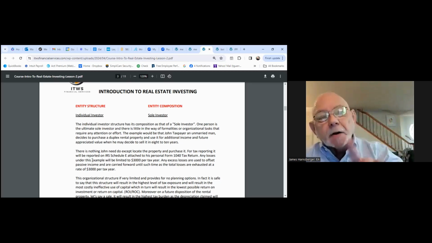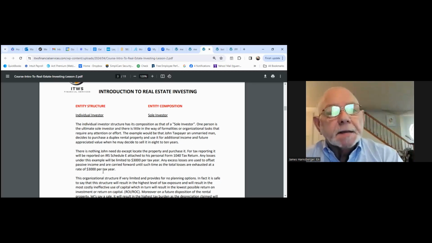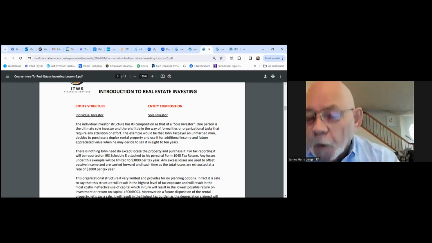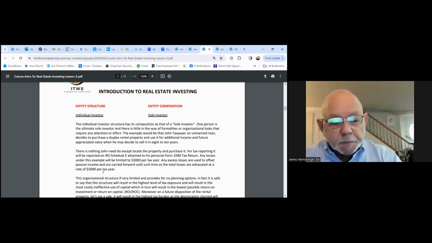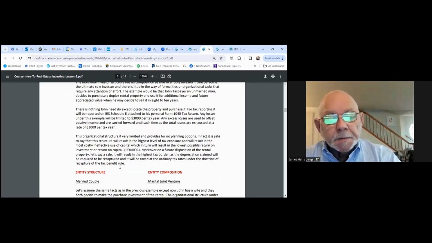And with some minor exceptions, there's not very much difference between all of the states. There are some nuanced differences for states like California and New York and Illinois. They have some little nuances, but we're focused right now for the main part on federal taxes.